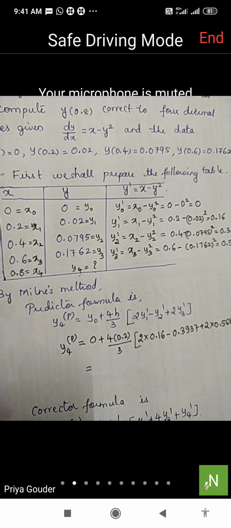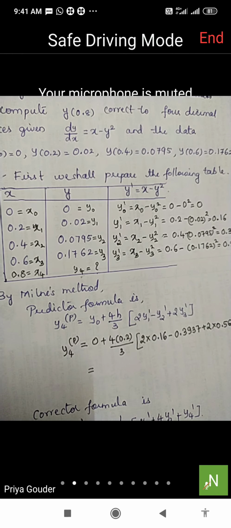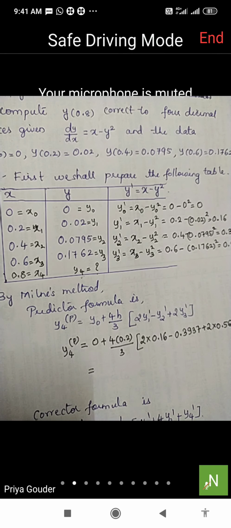You need to practice. Otherwise, in this numerical, how it is looking easy, scoring, you cannot get the full marks. Sit with calculator, please.